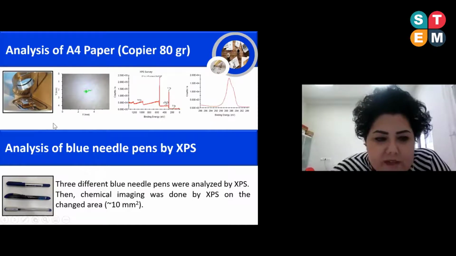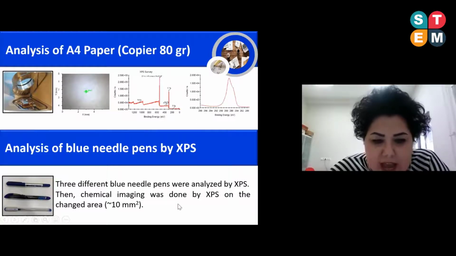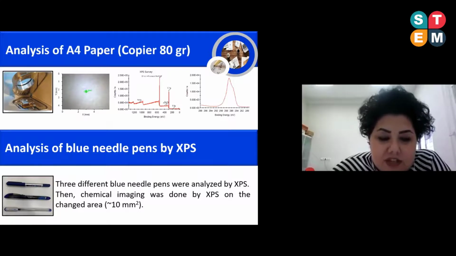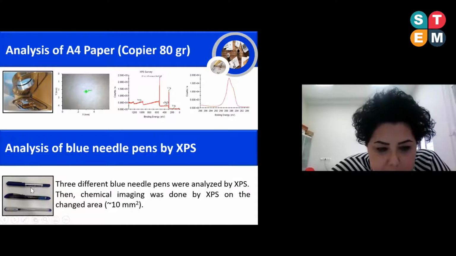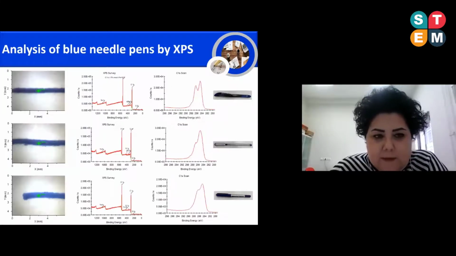And then we have analyzed blue needle pens by XPS. So here you see 3 different blue needle pens were analyzed by XPS, and then chemical imaging was done on intersecting lines using XPS on the changed area. We have used Uniball, Pilot, and Xray blue pens in this study.